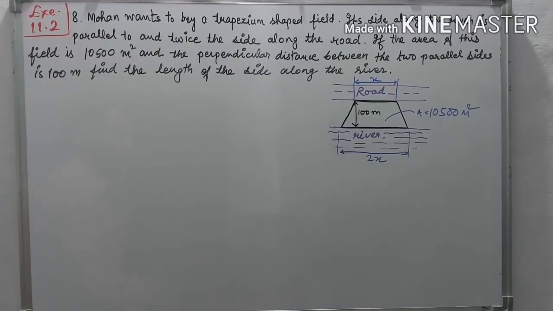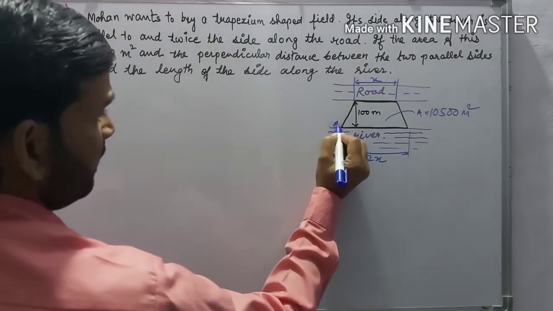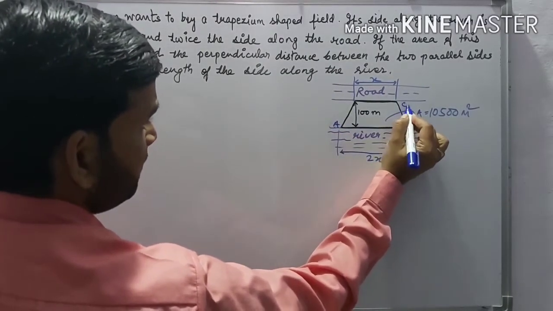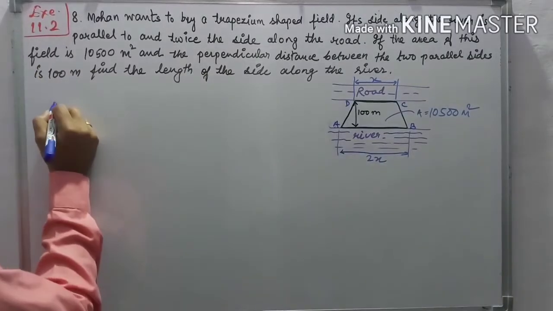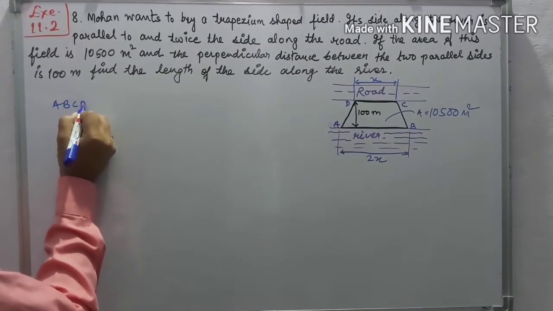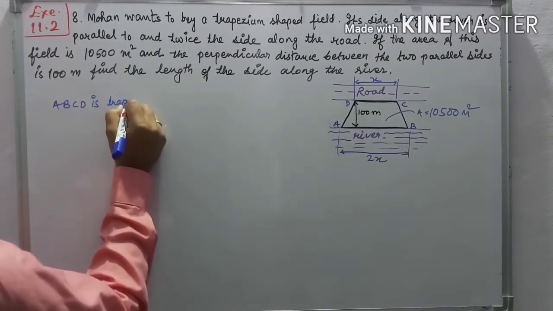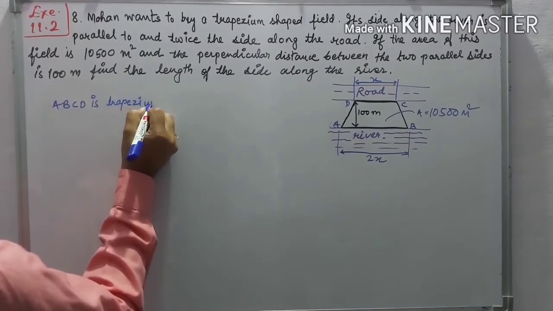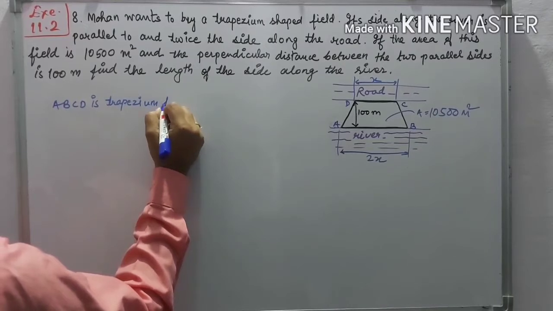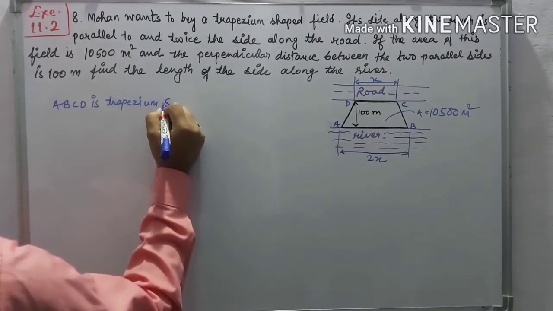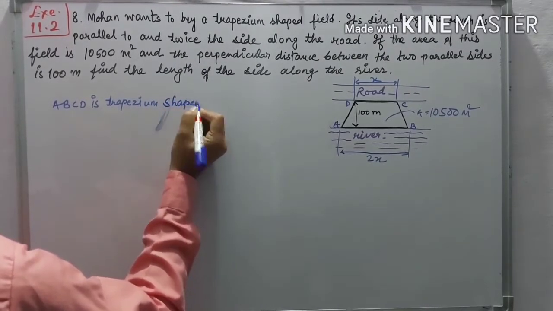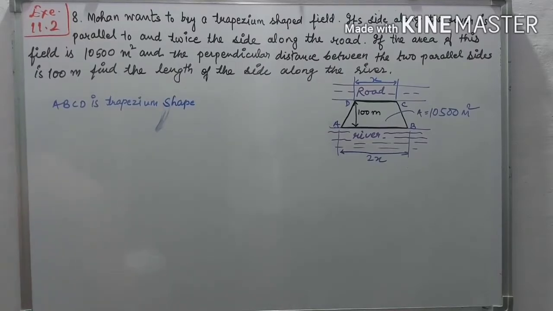Now write A, B, C and D. ABCD is a trapezium shape.